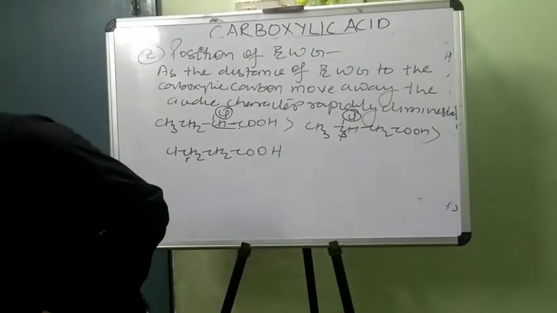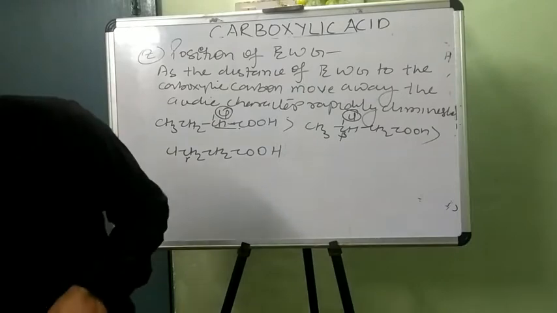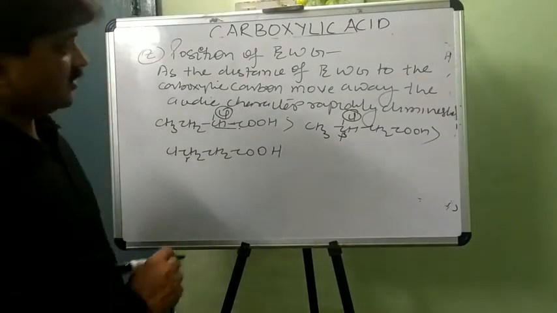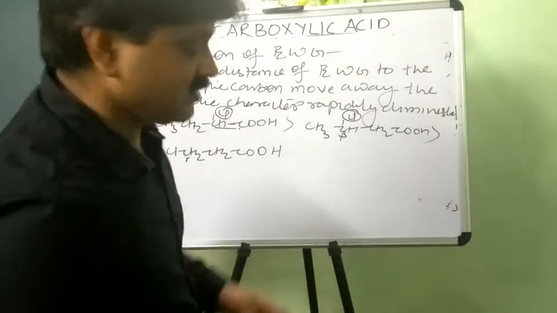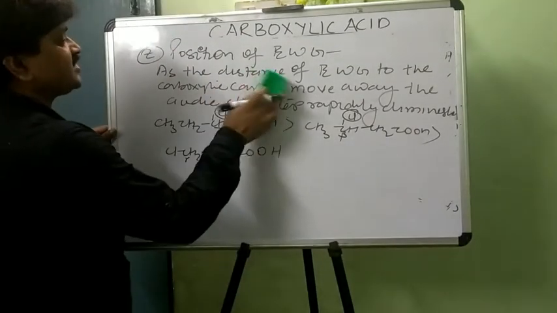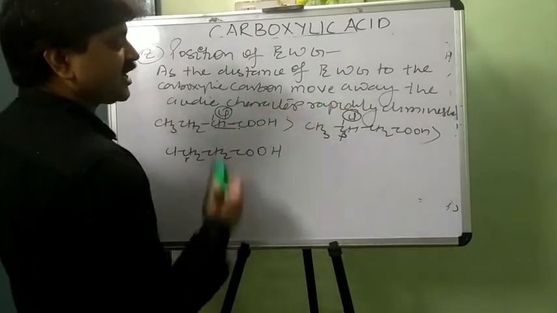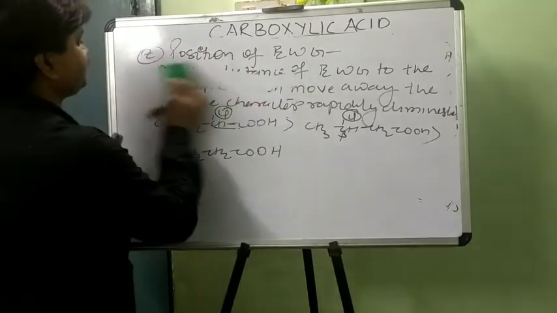Now another factor: the variation of halogen atoms as the electron withdrawing group on the acidity of the acid.